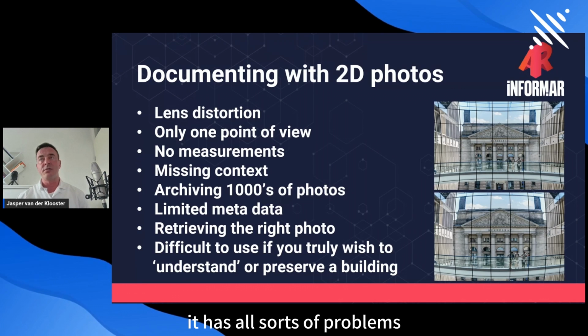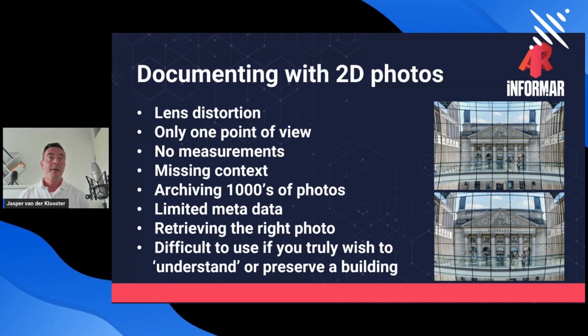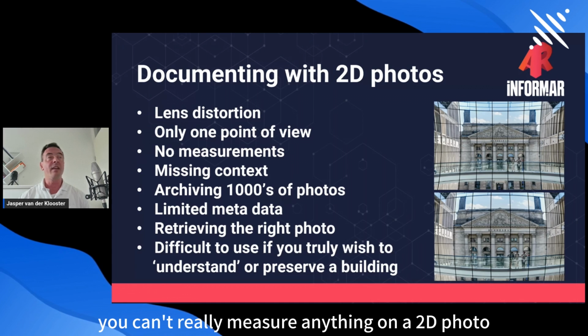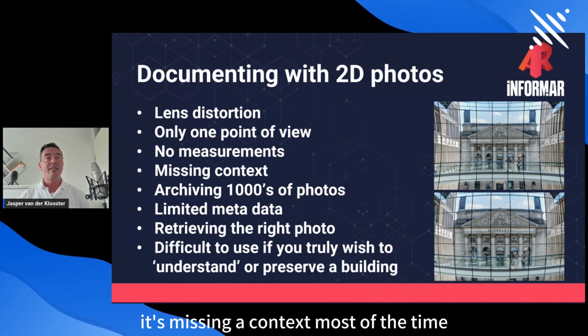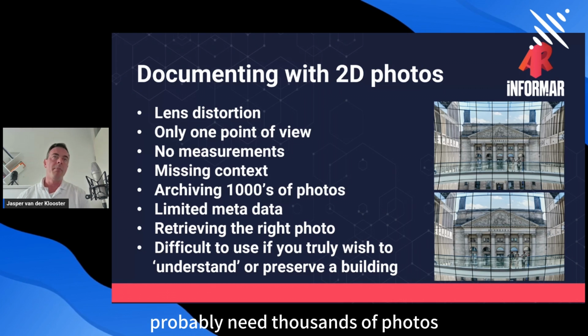It also has all sorts of problems. There's lens distortion, for one. There's only one point of view. You can't really measure anything on a 2D photo. It's missing context most of the time. If you create a big archive, you probably need thousands of photos.